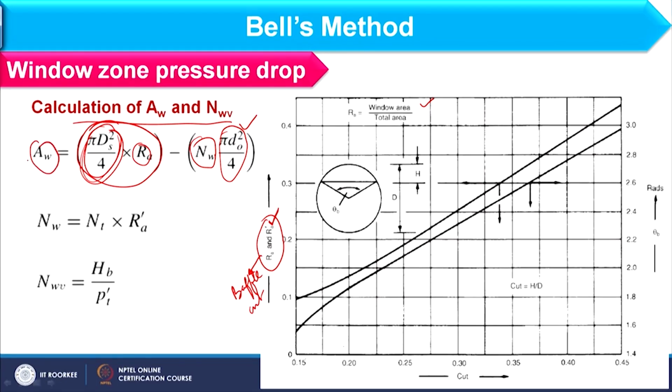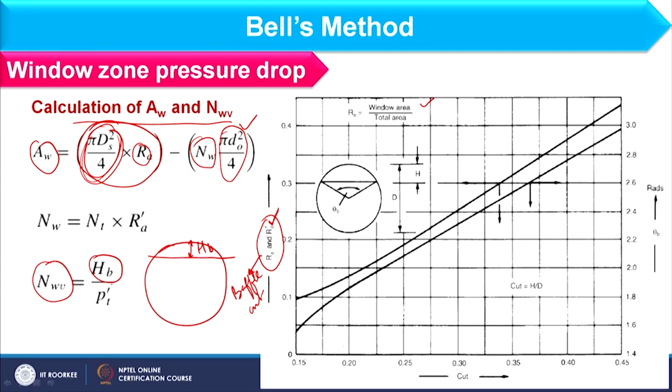Fine. Now, how should I find out NWV, that is the number of tube rows in the window zone. So, if you consider HB, HB is what? HB is that section of the bundle which is available in the window zone. Okay. So, the height of that section, if I am having this bundle and let us say your baffle is up to here only, this is basically HB.